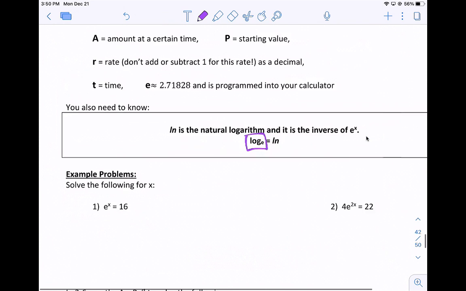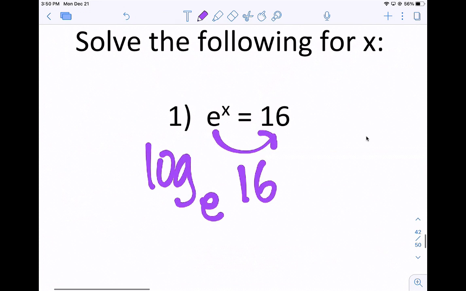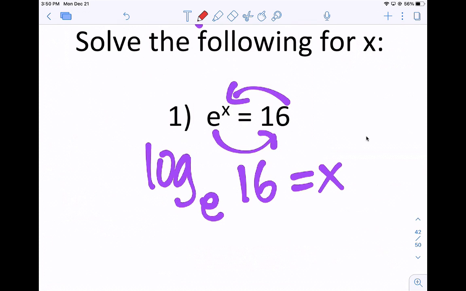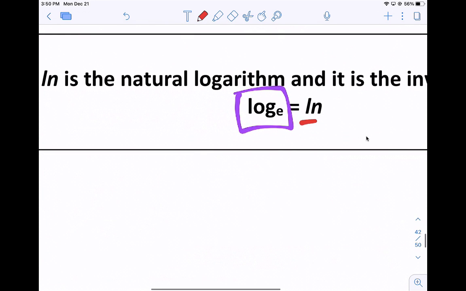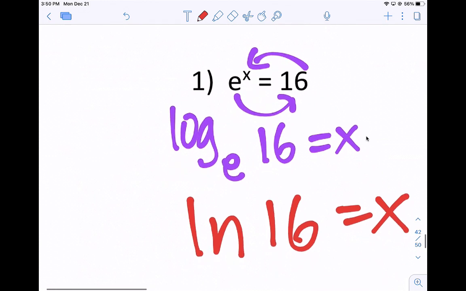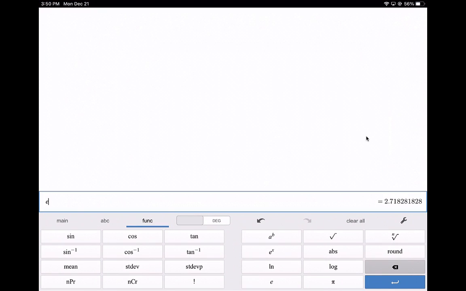Okay, so first, how do you solve something with an e? And again, this is log base e of 16 equals x. And then in that box it says, hey, if it's log base e, that's the same as ln. So we're just going to say ln of 16 equals x. So if you have an exponent with e as the base, when you log it, it's actually the natural log. So we'll say ln of 16. Let's type that in. Again, it should be here as one of our functions. Oh, there it is.